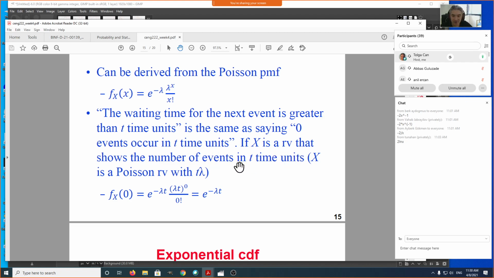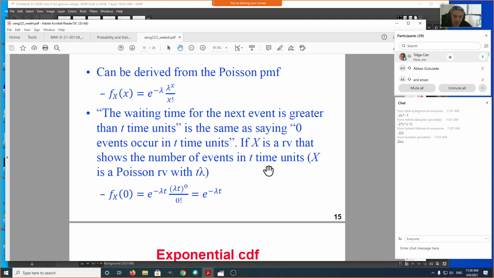So if x is a random variable that shows the number of events in t time, then x is a Poisson random variable with the parameter t times lambda, where lambda is defined as the average number of events in 1 unit.